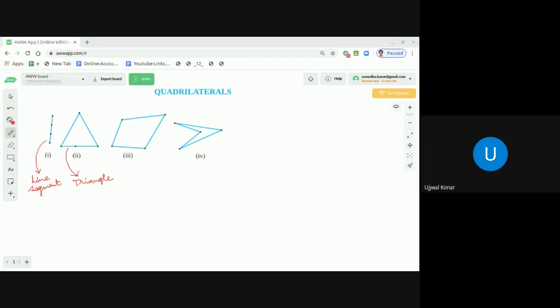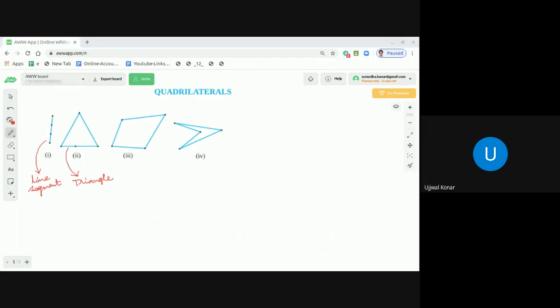I repeat, if no 3 points out of these 4 points are collinear, we obtain a closed figure, and such a figure formed by joining 4 points in an order is called a quadrilateral.